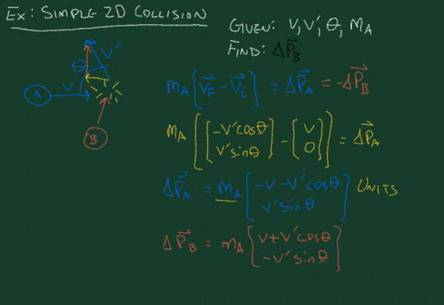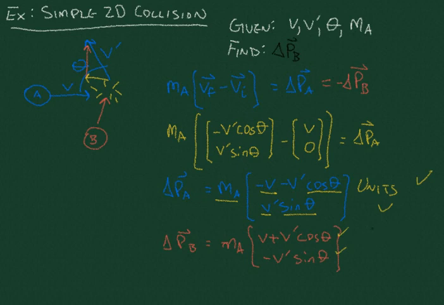We have a mass times a velocity times a trig function, which has no units, so that's okay. And then we check the y component too, because I might have done the x component correctly but not the y, but again we have a mass times a velocity times a trig function, so it's okay there. And for mass B, we just took the negatives, but we check it again real quick to make sure I didn't make some mistake in transferring from one to the other, and these are both right.